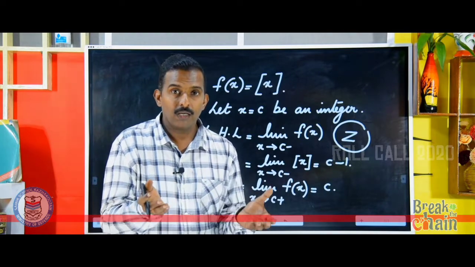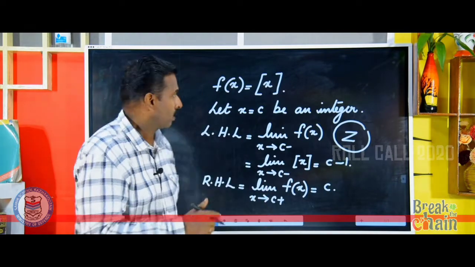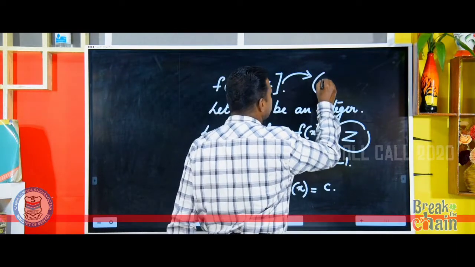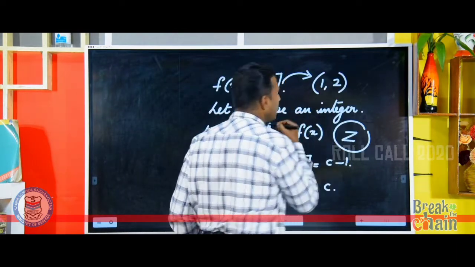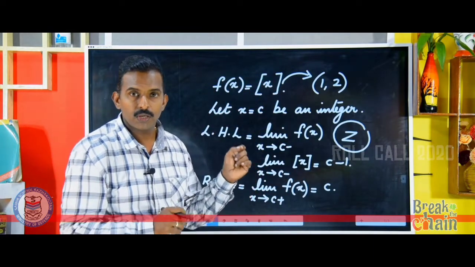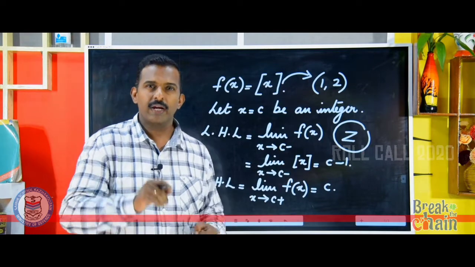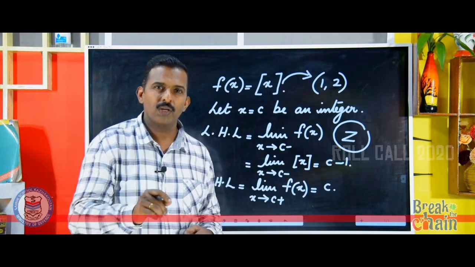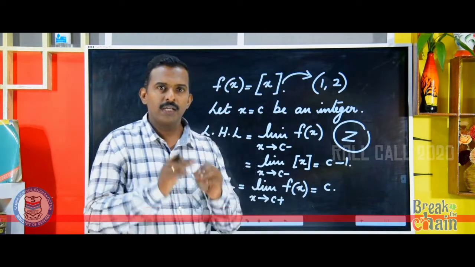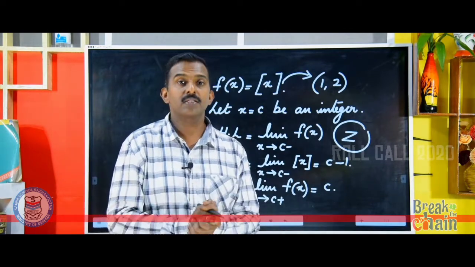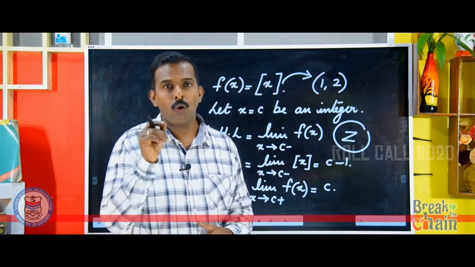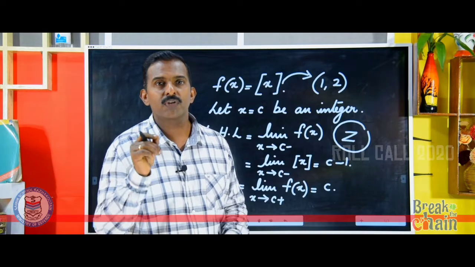Therefore it might be asked as a question: f of x equal to the greatest integer function, is it continuous in this interval? It is continuous, because in this interval the greatest integer function's limit value is always 1. But on the whole, in its domain, the greatest integer function will not be continuous at integers. All integers are points of discontinuity.